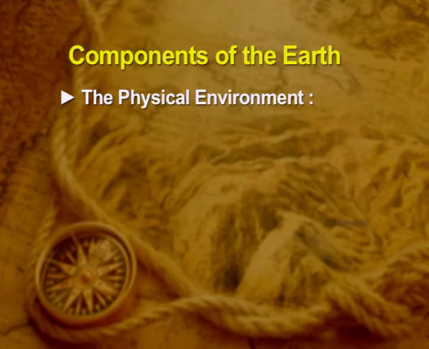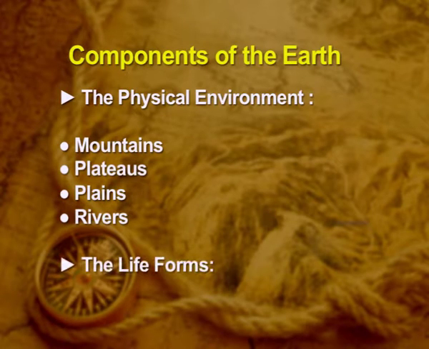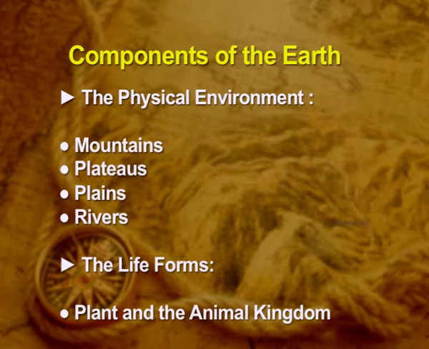We study two major components of the Earth. First, the physical environment, which includes mountains, plateaus, plains, rivers, etc. And the second component includes all the life forms, that is the plant and animal kingdom.